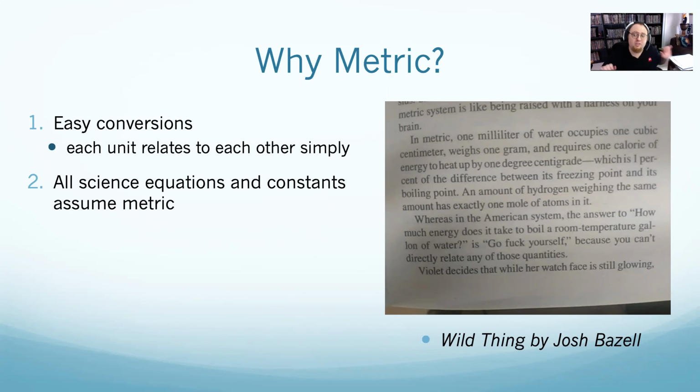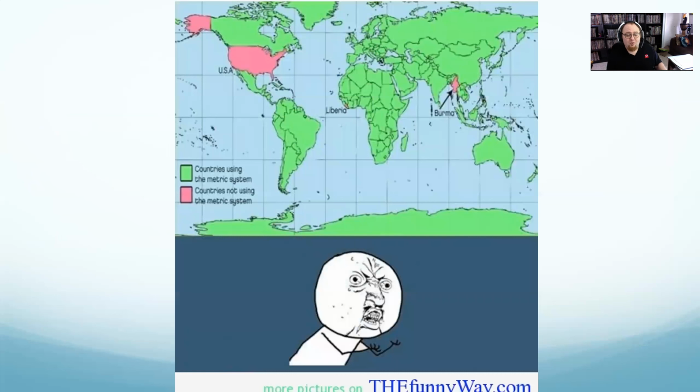But the most important reason is because science is an international community. When I used to do research, I worked directly with people in Hong Kong and Taiwan and England, and we'd be comparing notes. If you compare places that use metric versus places that don't, well, we're a little outnumbered.